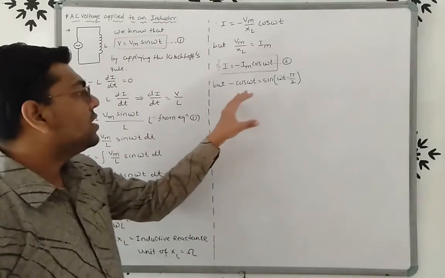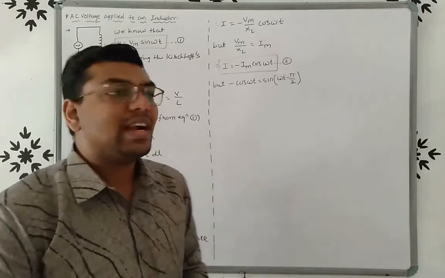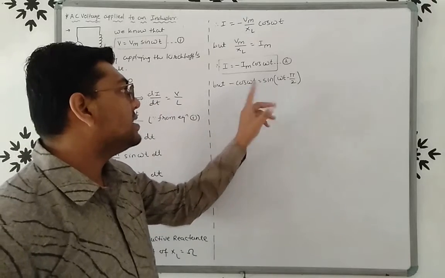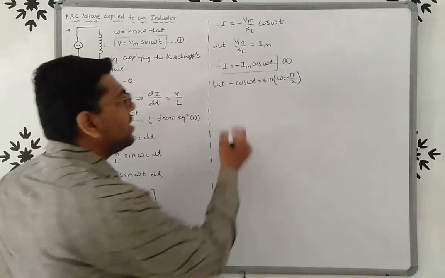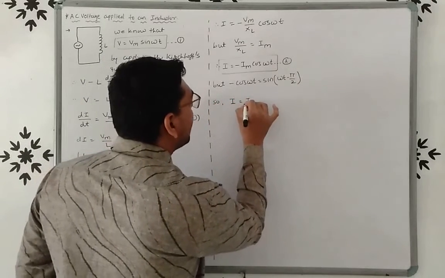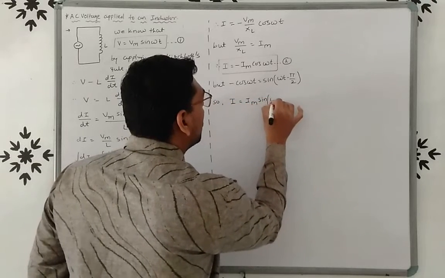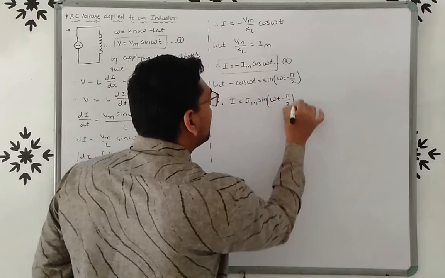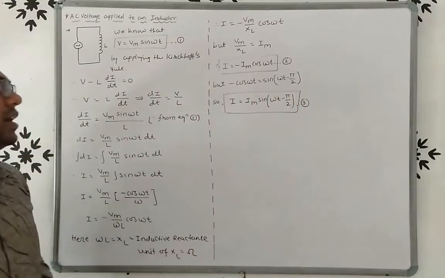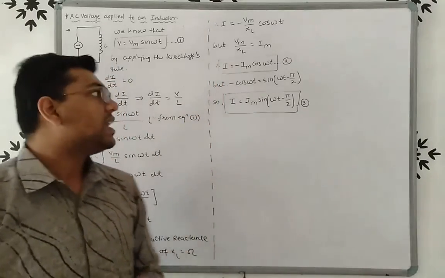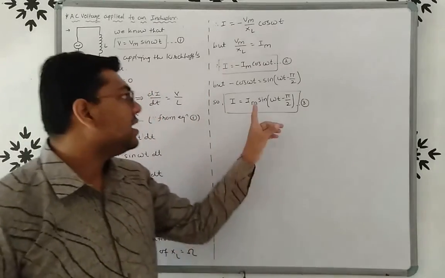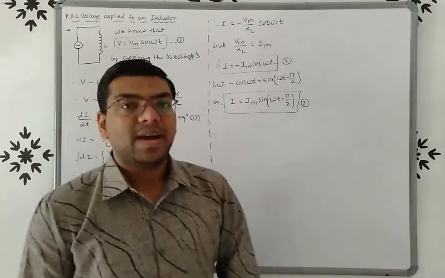So here instead of theta, omega t is there. So minus cos omega t is equal to sine omega t minus pi by 2. So I is equal to Im sine omega t minus pi by 2, that is equation number 3.